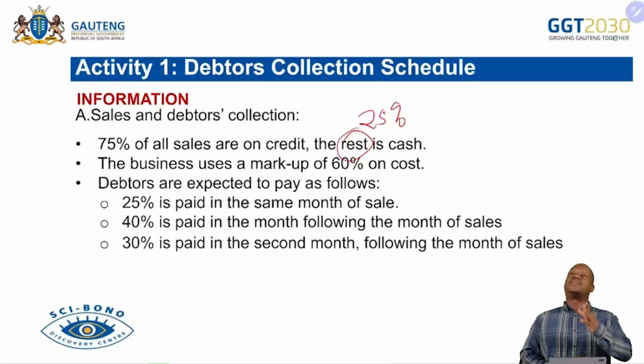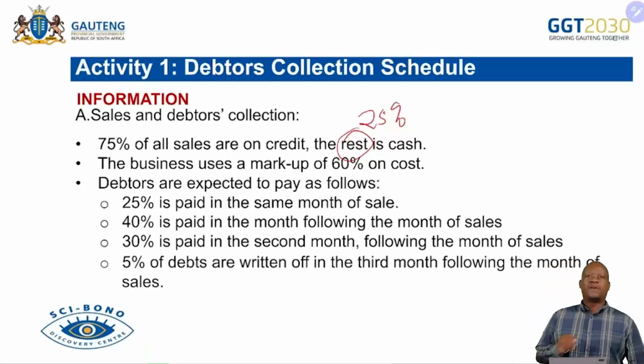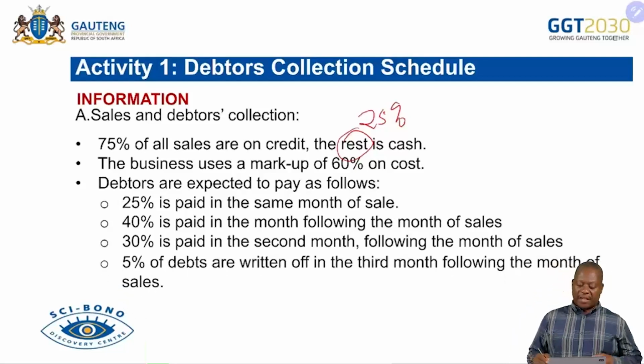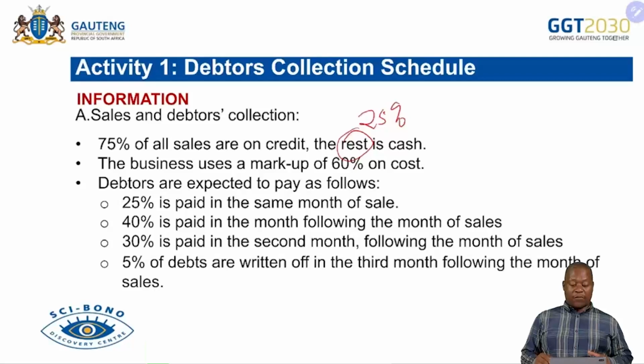So it therefore means it's taking you about 3 months to collect money from debtors. They go on to say 5% of the debts are written off in the third month following the month of sale, which simply means if you are selling in January, you collect 25% in January, 40% in February, 30% in March.